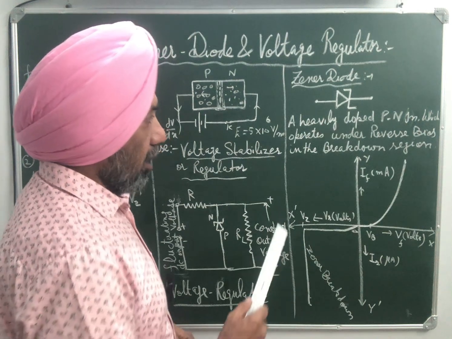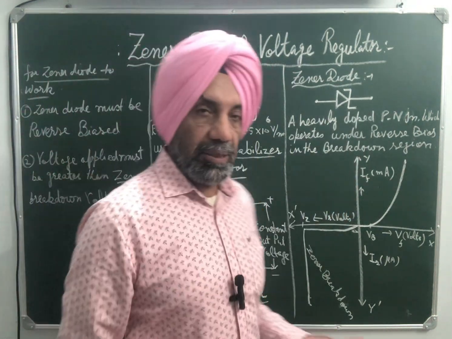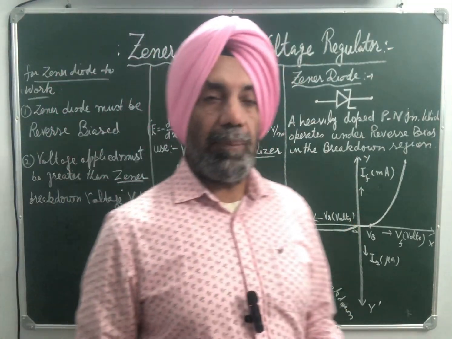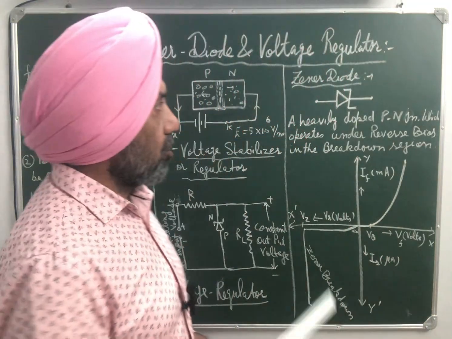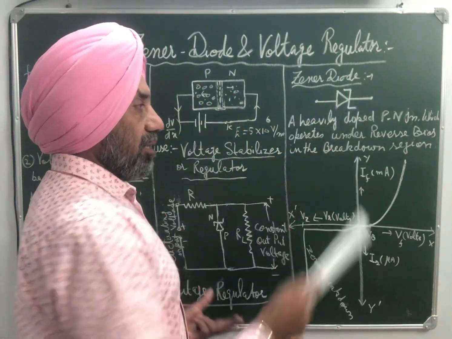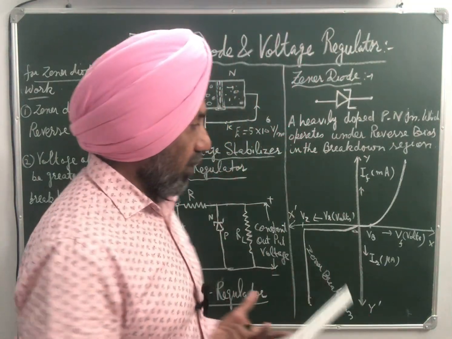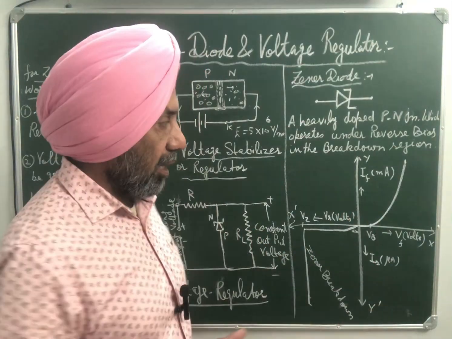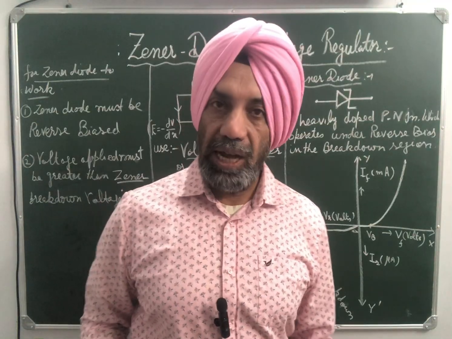Now, when this PN junction is forward biased, we know that current increases rapidly with the increase of forward voltage. As Zener diode is nothing but a PN junction diode, but heavily doped, when forward bias is applied to Zener diode, it behaves just like an ordinary PN junction diode.